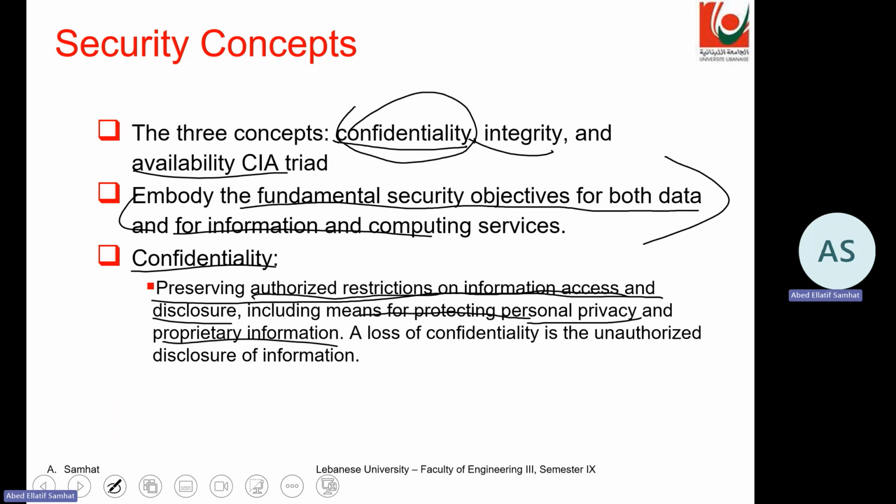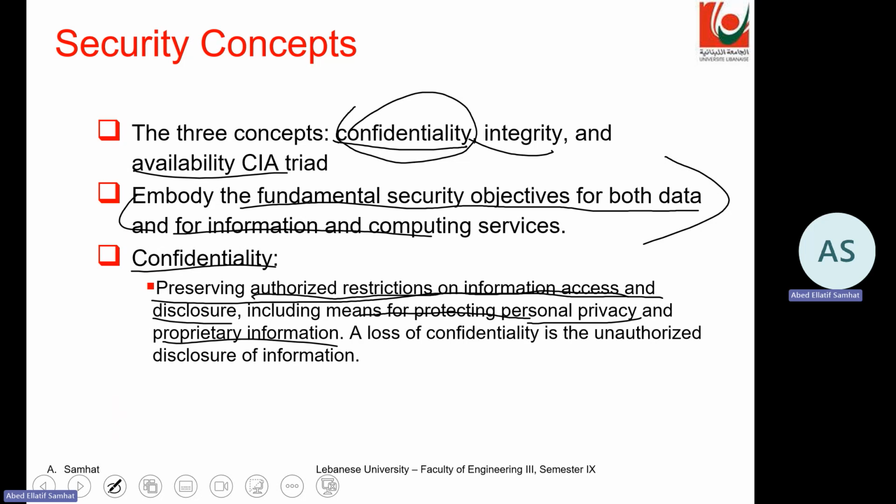So the idea here is that if the information are confidential, this means that only the authorized person could access them and could see them. So if you have unauthorized person, they should not access or they should not know the content of the data.